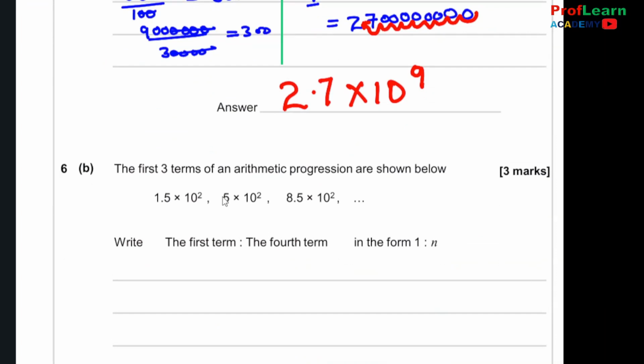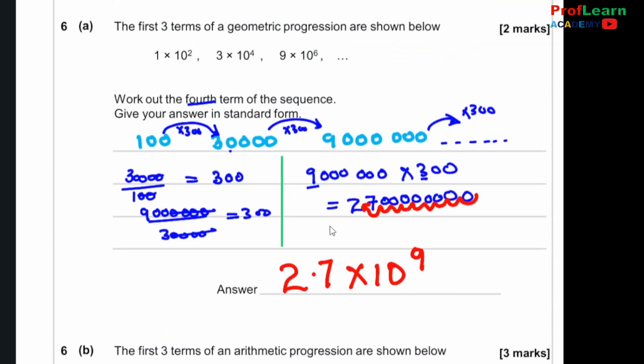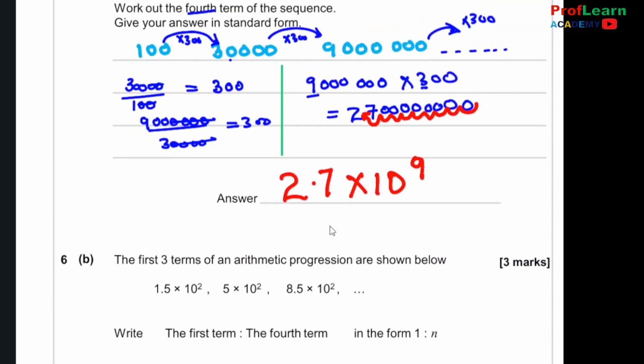Next question. Here we are told the first three terms of an arithmetic progression. In an arithmetic progression, we have a common difference, and for us to work out this, let us look from 1.5 moving to the next number like that. I like working with ordinary numbers first. So this is going to be 150, this is going to be 500, this is going to be 850 as ordinary numbers.